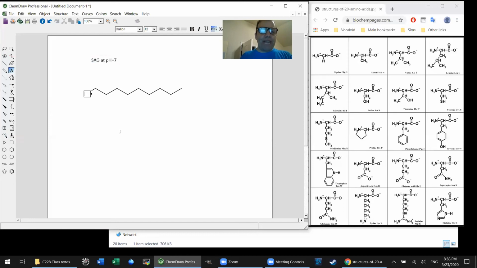So remember again, by convention, we always start with the nitrogen terminal, and we work our way to the carboxylic acid terminal or carboxylate terminal. So there's the amino group of our serine.